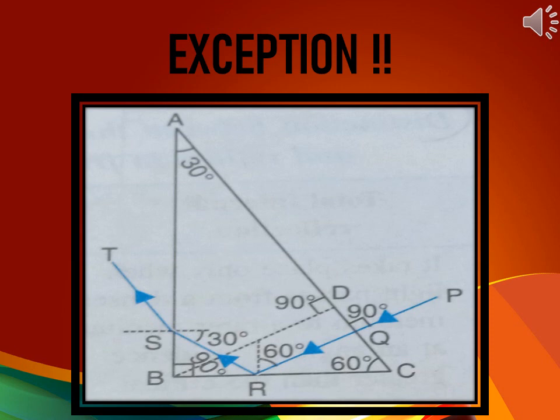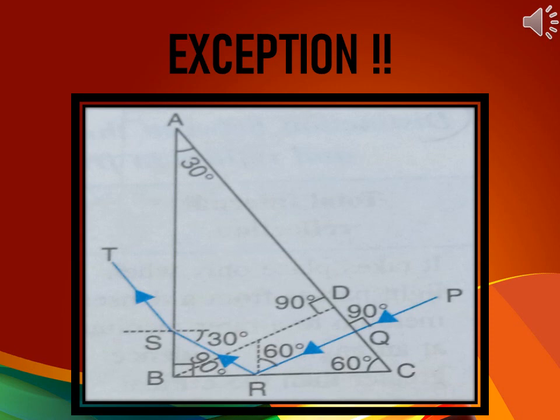In this figure, a light ray PQ is incident normally on the face AC of the prism in the portion DC such that the point D is the foot of perpendicular from B on AC. It passes undeviated as QR inside the prism and strikes the face BC of the prism at an angle of incidence 60 degree, which is greater than the critical angle 42 degree.